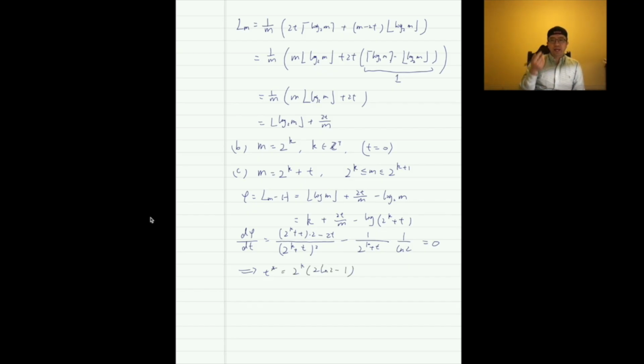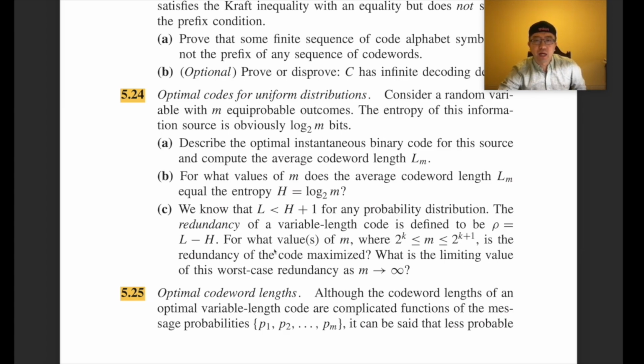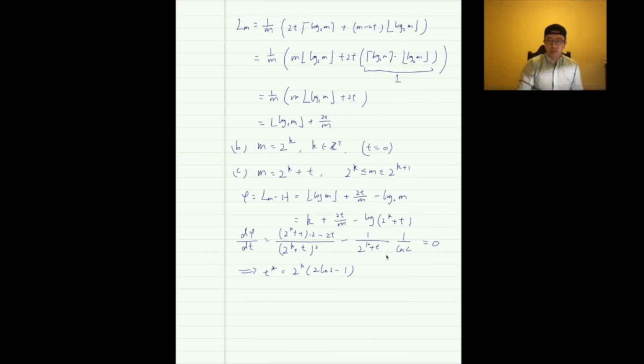The next step is to see what the best rho is. Now that we have t star, it means we have the best m. Then we need to let m go to infinity to see the limiting value of this worst case redundancy. So what we do next is compute rho and evaluate rho star at t star.